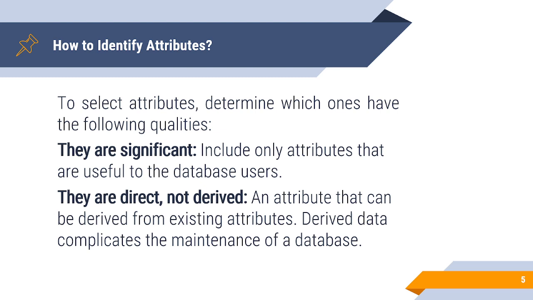Next is, they are direct, not derived. Usually, we call this coded. Okay, these are coded attributes. An attribute that can be derived from existing attributes. So, for example, last name is not derived. But full name can be derived from first name, last name, and middle name.